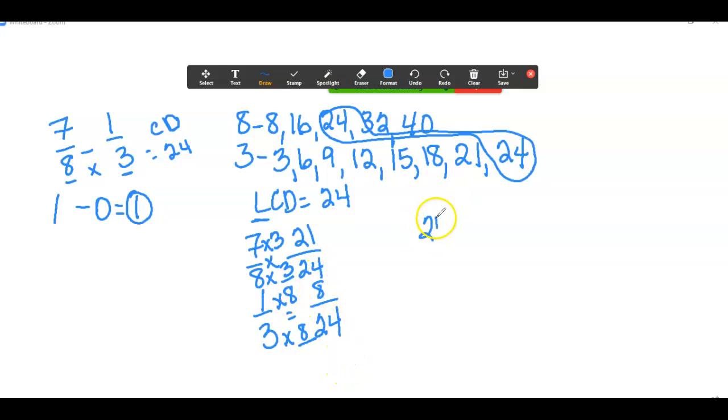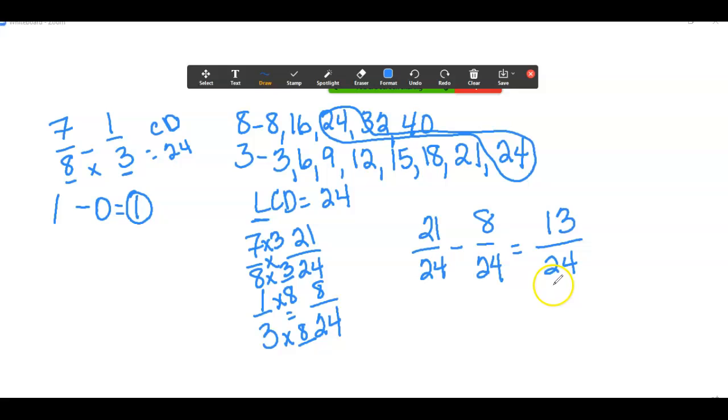So I have 21/24 minus 8/24. Remember, I subtract across the numerators. Since I now have the same denominator, that stays the same. Well, what's 21 minus 8? That would be 13. Good.